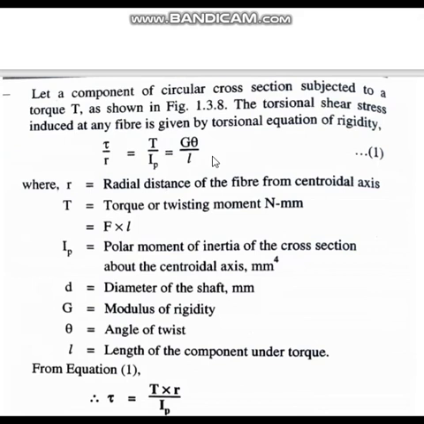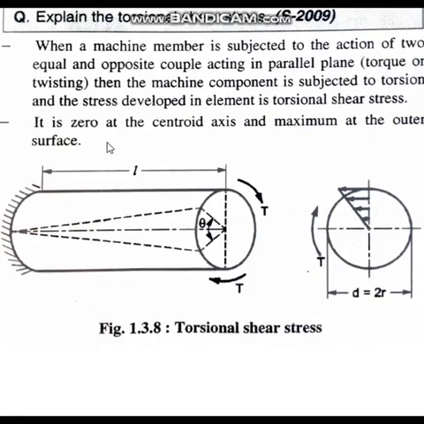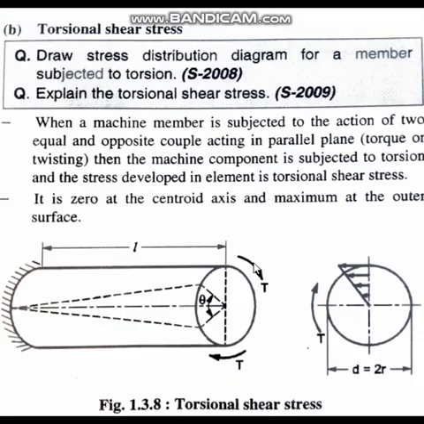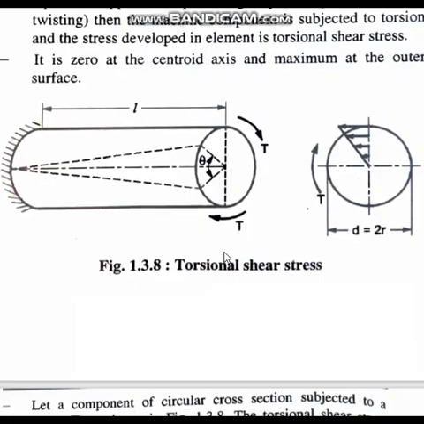Now let us come here. What is the formula that we use when computing the shear stress? Let a component of circular cross section be subjected to torque T. This is the torque T, this is the diameter D, and this is the length of the rod L. These three parameters are here.